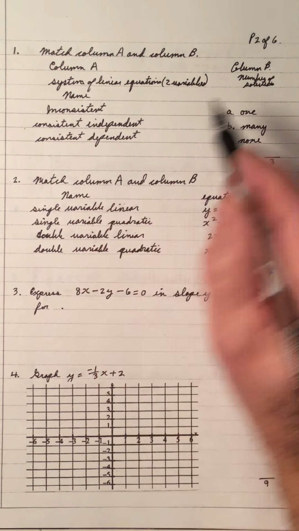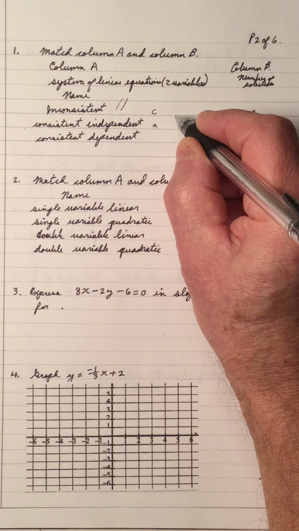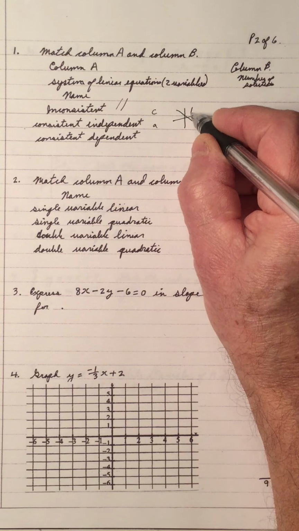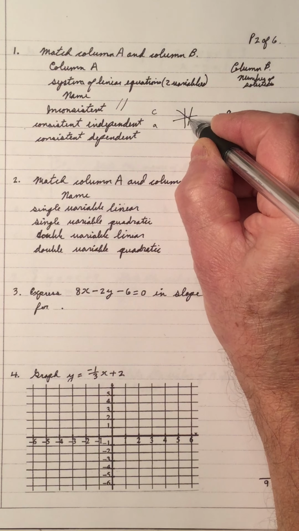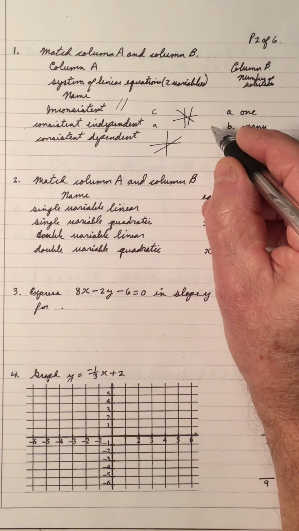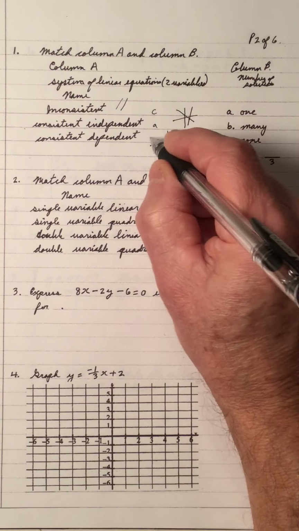Consistent independent has 1 solution, so the answer is A. Consistent independent is a pair of lines that intersect at a point. And consistent dependent, on a graph, is the same line, there's only one line, so it has many solutions. But it can have different equations to represent that line.